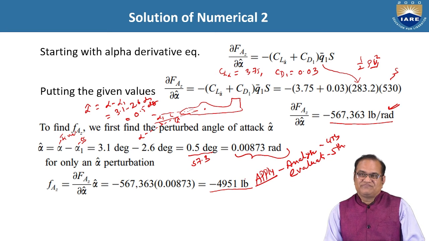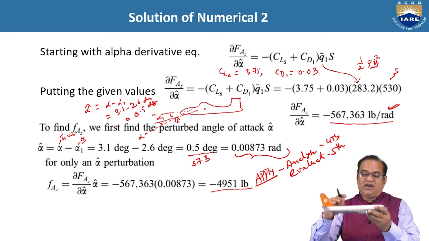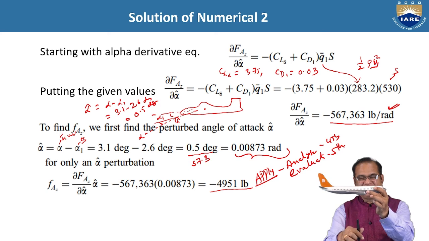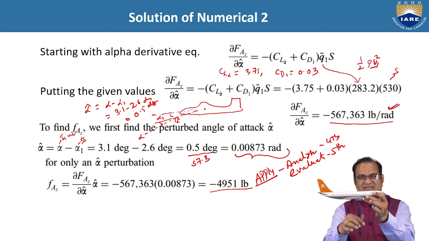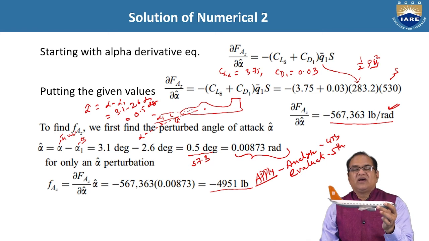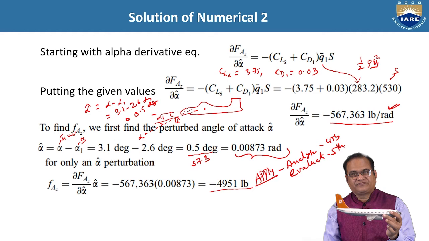A very, very huge amount of force will be generated, and it is a minus. So what is the meaning? We have seen that towards the earth is positive Z, but opposite to that, upward, is a force acting upward, a lift.